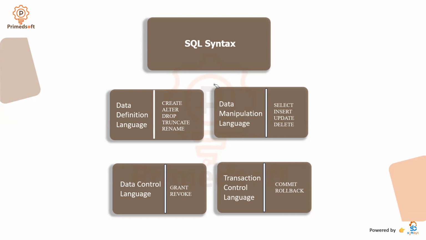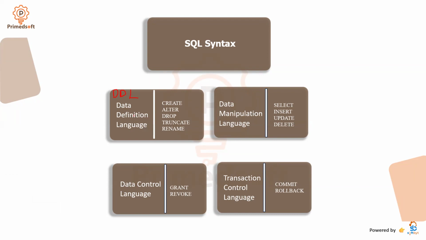So the first one is DDL. I'm sure you have heard of it. This is one of those things that come up in an interview. Anytime, any day, when they want to ask you a verbal SQL interview, this is some of the things that come out of it. So DDL, data definition language. And what is DDL?